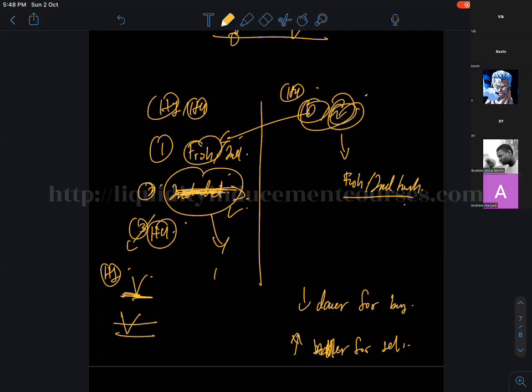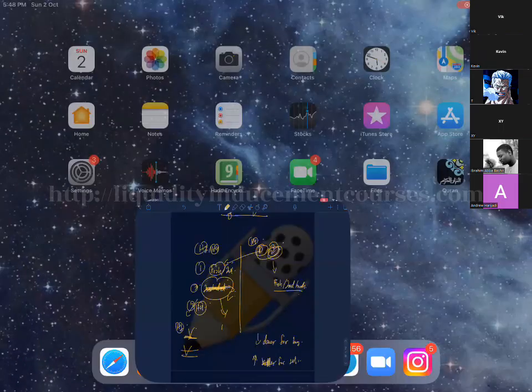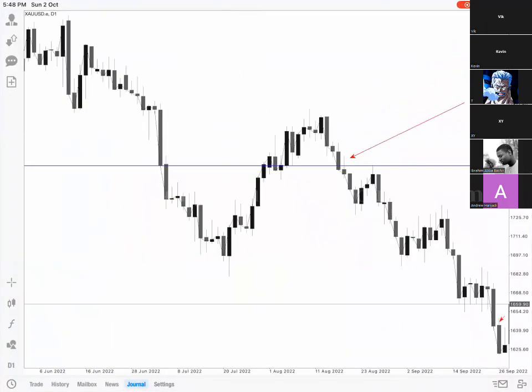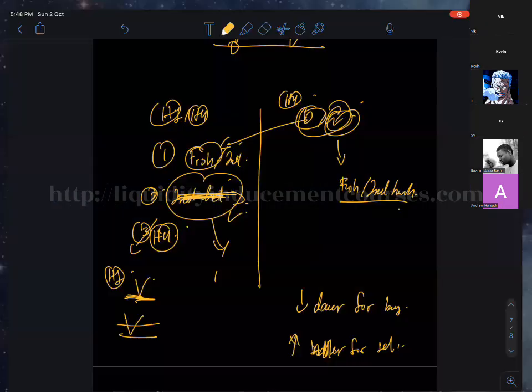Let's see what we have here. Also, side note. Let's say this is a weekly level. There are exceptions, and there is only one exception. Remember when I said that you must take the second level?